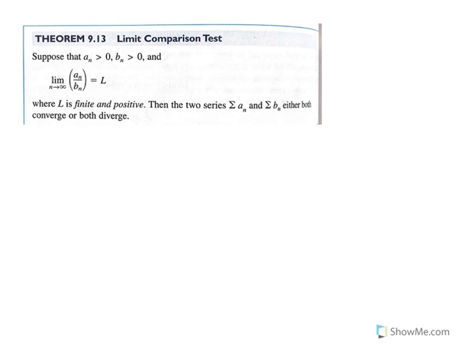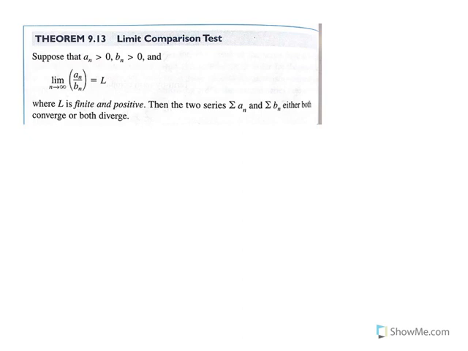Sometimes you may not be able to establish the term-by-term comparison that would allow you to use the direct comparison test. Maybe you have a comparison series that is divergent, and you're trying to apply the direct comparison test.